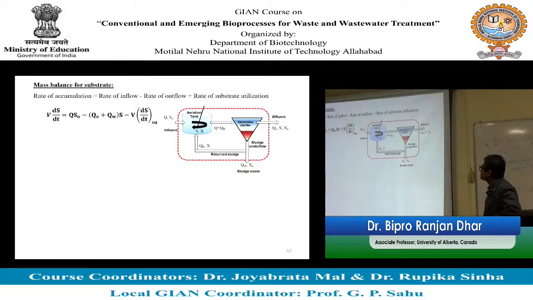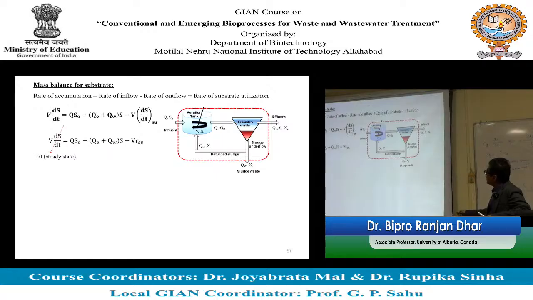So (Q plus Qw) multiplied by S, which is my final BOD. And minus V dS/dt, because substrate is going to be utilized, it's going to decrease, so that's why we put a minus sign. So now for steady state, this accumulation is going to be 0.